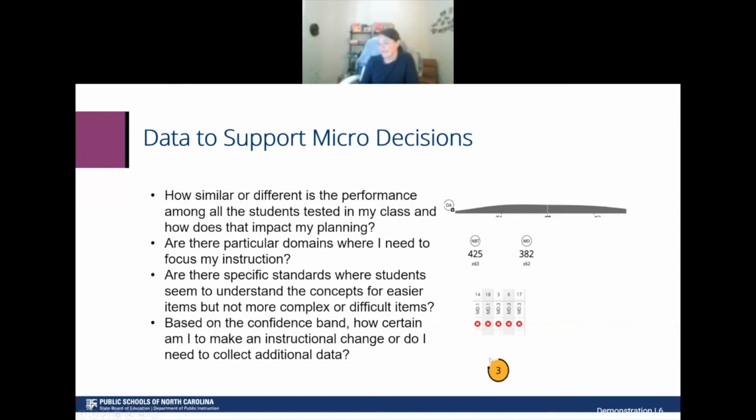And then finally, we have this notion of the confidence band, which I mentioned. You'll see these dark circles around the performance levels. In this particular instance, a student is classified as a level 3, which is approaching expectations.